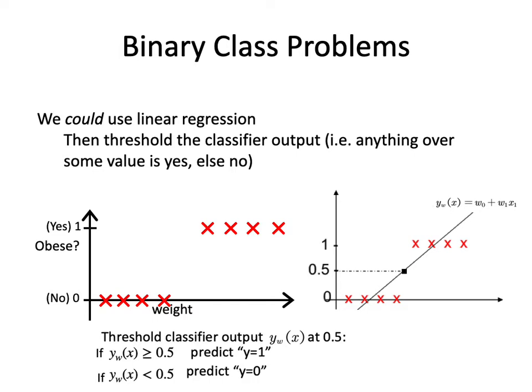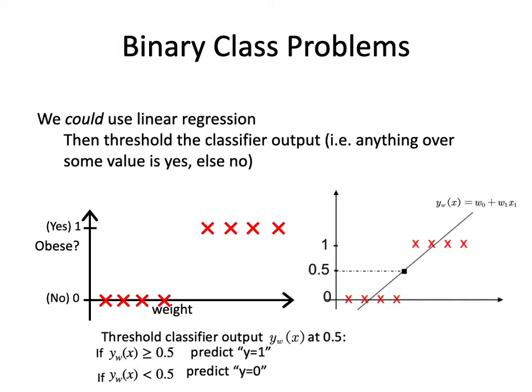To solve this problem, let us first try with the linear regression model. On the plot, we can draw a line that separates the points into two groups, with some threshold point 0.5. All the data points below the threshold will be classified as 0, those who do not have obesity.